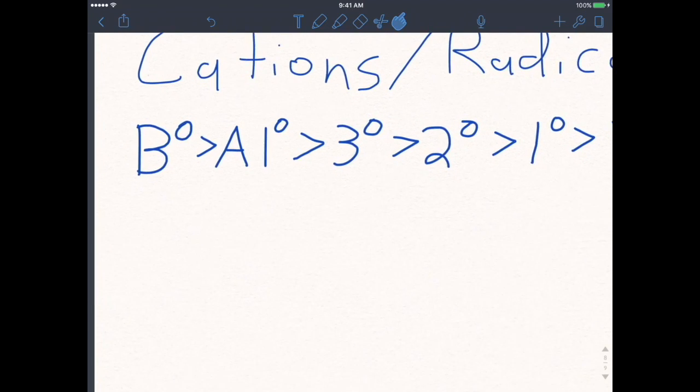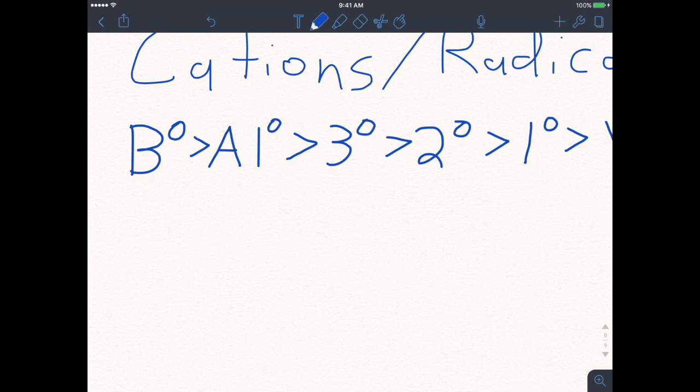Cations are positive carbon atoms, so carbocations. So that's when one of our structural compounds has a positive charge in the structure, and this is the order of stability. Now this B degree sign over here refers to the benzylic position. You know what a benzene is, of course, from our functional group videos.